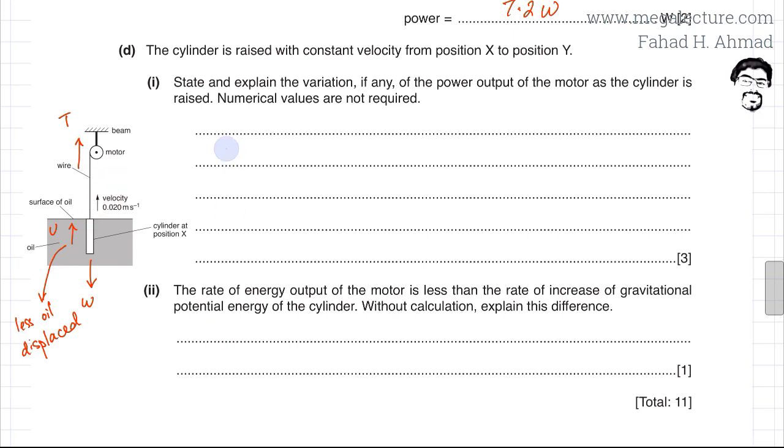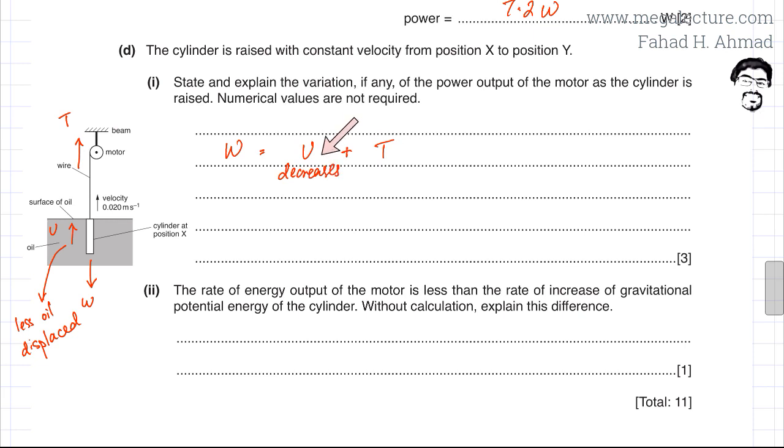So since the weight is equal to the upthrust plus the tension T in the wire, the motor is pulling it upwards. So upthrust and tension T are the forces in the upward direction. The weight W is in the downward direction. So weight is equal to upthrust plus tension T. Now upthrust decreases as the cylinder moves out of the oil.